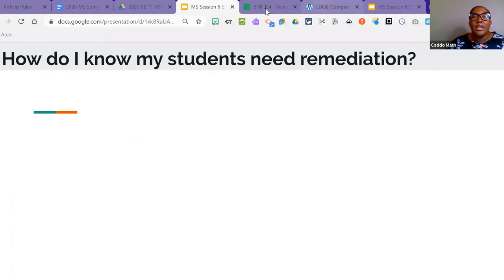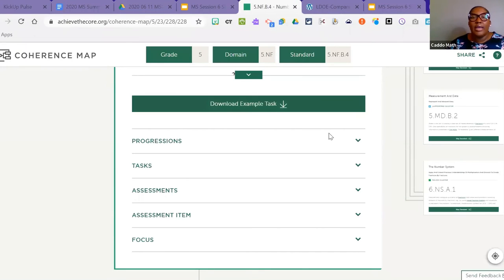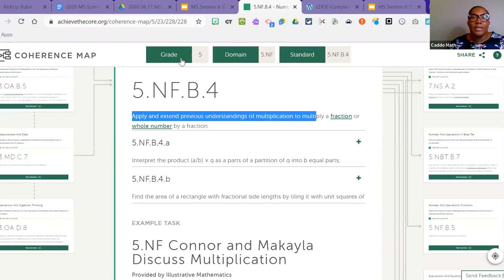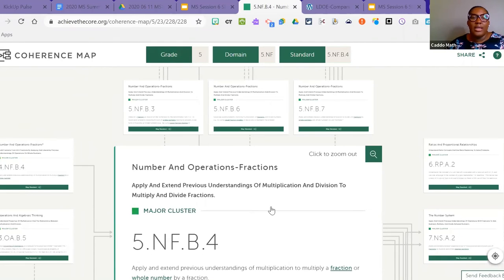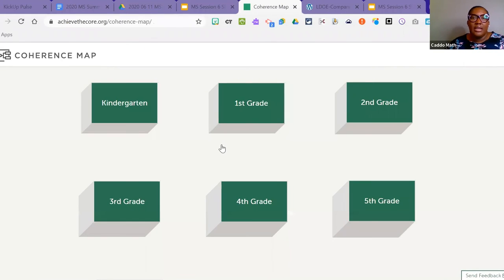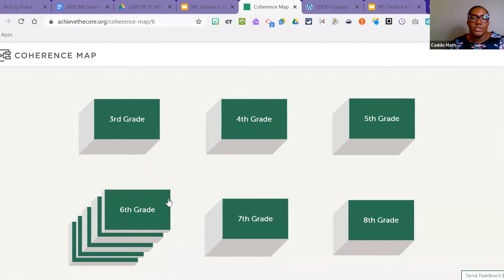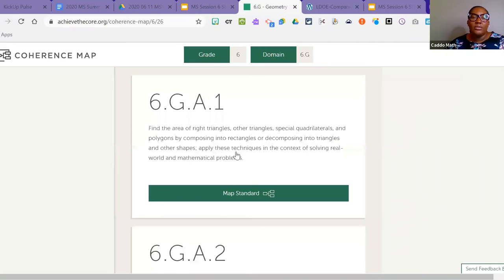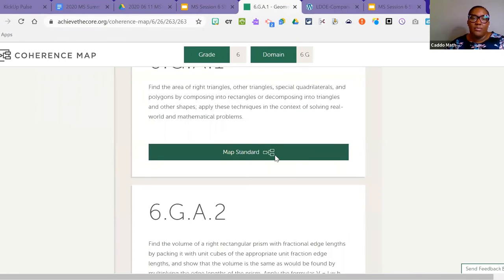And we're addressing 6.G.A, but we're building upon 3.MD.C.7.D, which takes us a little further back than the 5th grade lesson. So if I go back to the coherence map, I can always go in and find the 6th grade standard, the geometry standard, and I can go into and look at the coherence map for that.